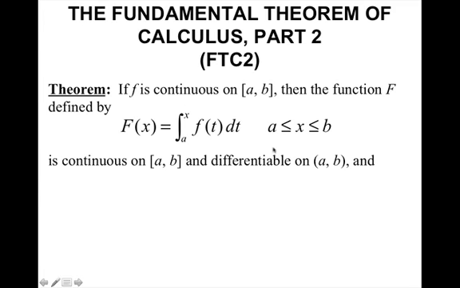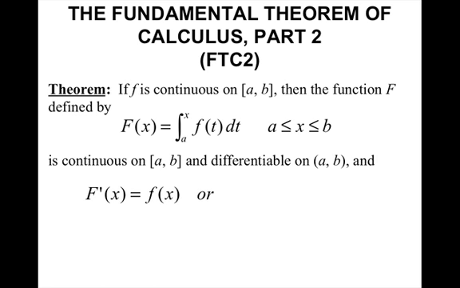So this leads us into the Fundamental Theorem of Calculus Part 2, or short version, FTC2. If little f is continuous on a to b, then the function big F defined by capital F of x is equal to the integral from a to x of little f of t dt, where x is between a and b, is continuous on a to b and differentiable on a to b.